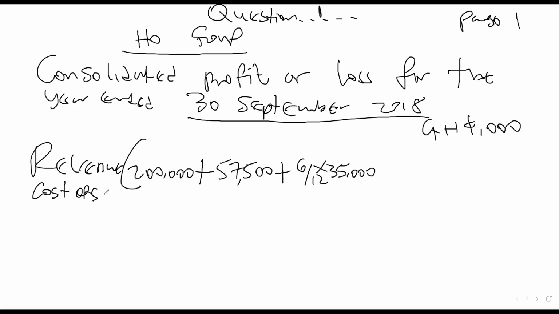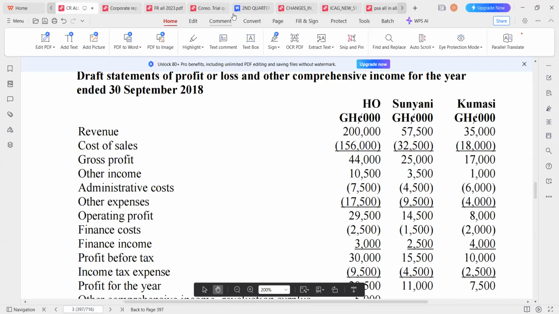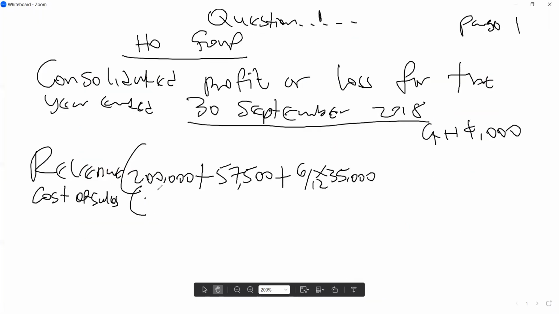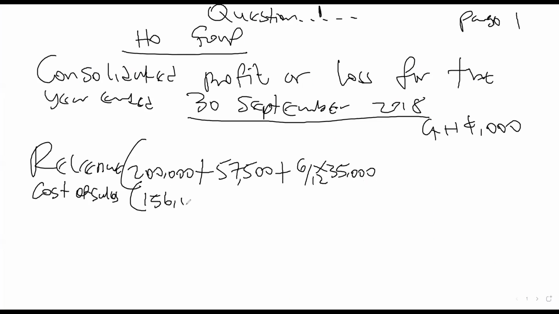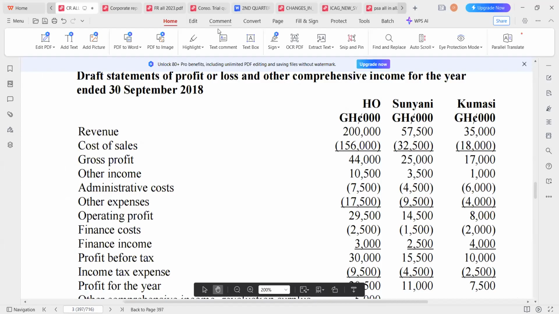Go to your cost of sales. The same way. Cost of sales, what do you do? 156,000 plus 32,500 plus 6 out of 12 times Kumasi's own 18,000.